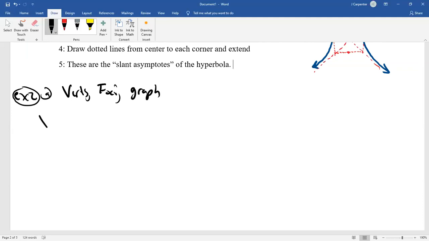And this is x squared over 49 minus y squared over 64 equals 1. X squared over 49 minus y squared over 64 is equal to 1.